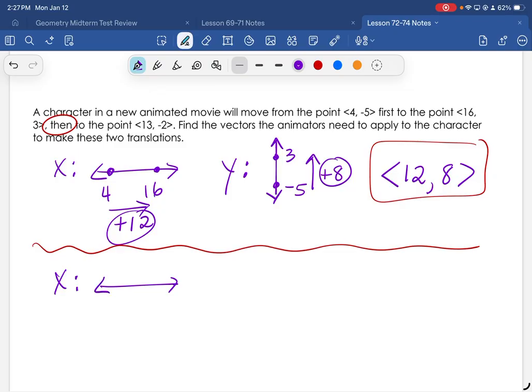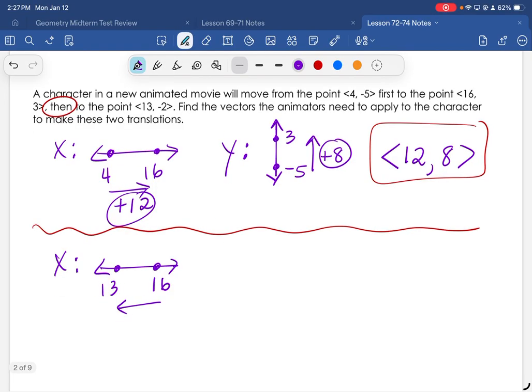We're going from 16 to 13. So we're going to the left. How many units? 3. So that's a -3. Do y'all see why I put -3? Because you're going to the left. Very good. Make sure you caught that so you don't wonder later while you're doing your homework, like, how did she decide what would be what?